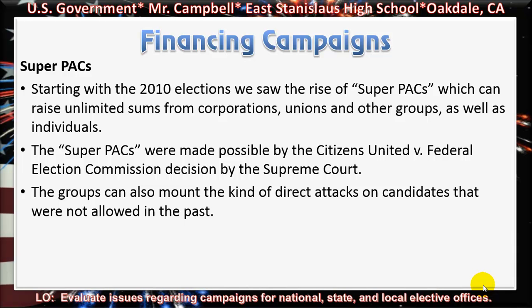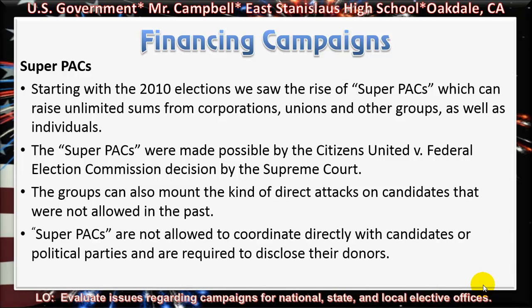Once again, in the Citizens United decision, the Supreme Court in effect said money is speech and that corporations are people, and therefore corporations, as well as people, can give unlimited amounts of money or unlimited speech in that regard, since we have free speech, towards campaigns.